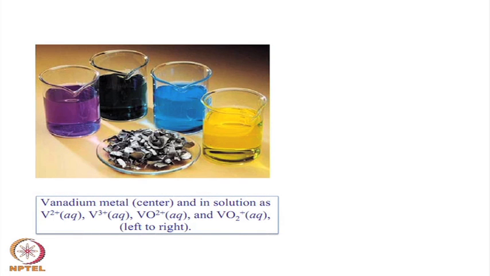So, what is that? Let us see, this is the vanadium metal. If we have the vanadium metal, some techniques, some recipes, some procedures are available which allow us to dissolve the vanadium metal in solution.